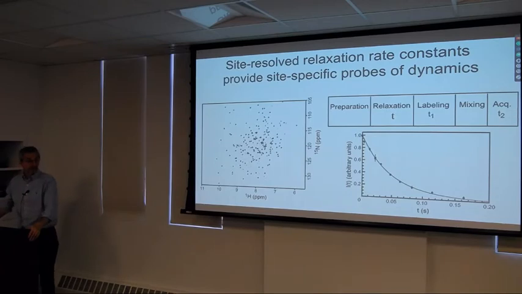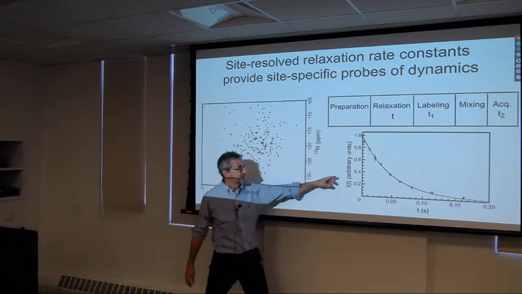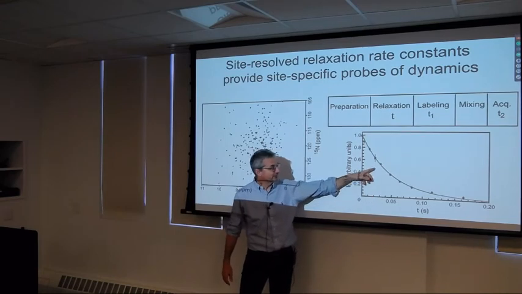Much of the process of designing the experiments is to try to generate intensity profiles that are easy to fit to obtain a rate constant accurately. That typically means that we're trying to isolate a small number of possible contributions to the decay and suppress contributions to the decay that we're not interested in so that we can fit a very simple expression. In this case, these data were just fit with a single exponential decay in order to obtain a rate constant.